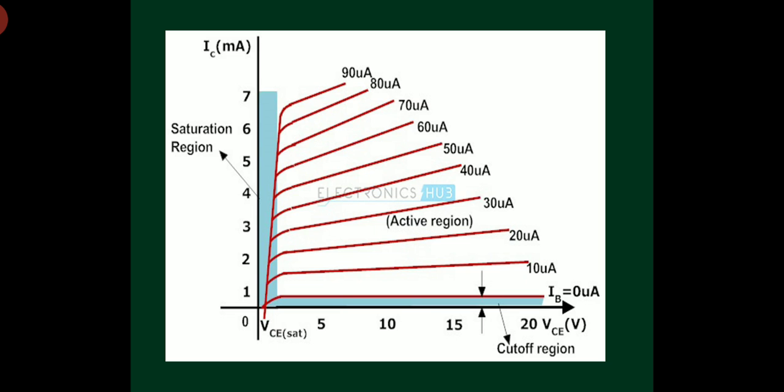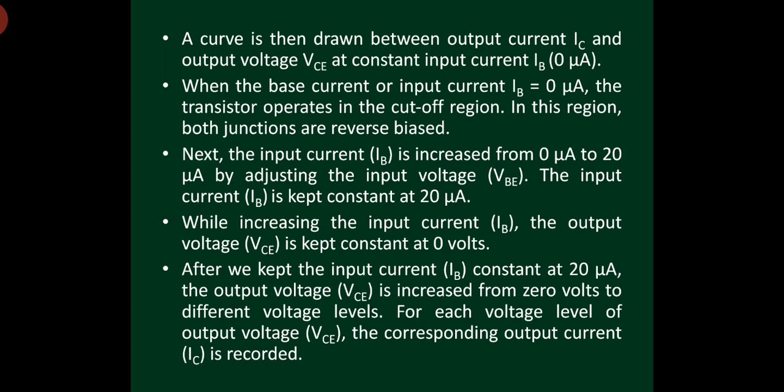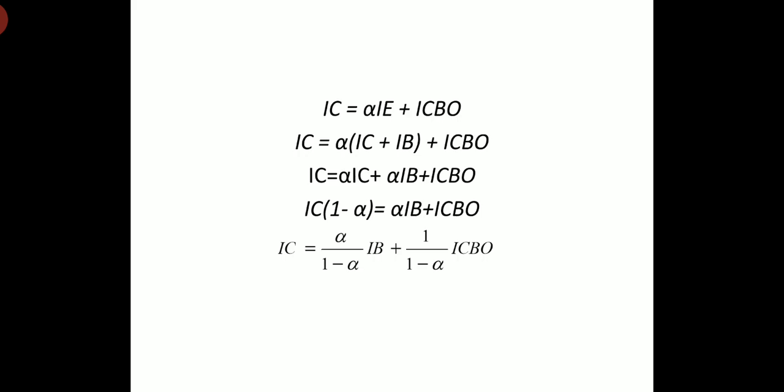How will it be? I have the equation IC equal to alpha IE plus ICBO. How do I get this? IC means collector current.